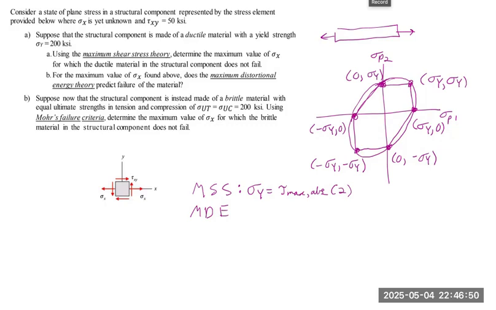The maximum distortional energy failure criterion says that if the von Mises stress calculated from the principal components of plane stress exceeds the yield strength of the material, failure of the material is predicted. Whereas for the maximum shear stress theory, we have that the yield stress cannot exceed 2 times the absolute maximum shear stress.